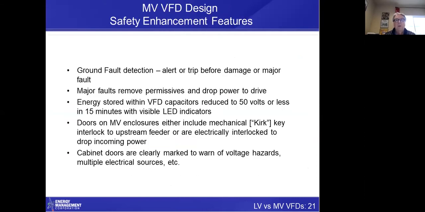In addition, medium voltage drives have major safety enhancements. The biggest one that I'm going to point out there is that the major faults remove permissives and drop power to the drive. Every drive that we put in, we insist on having something upstream that is not a switch.